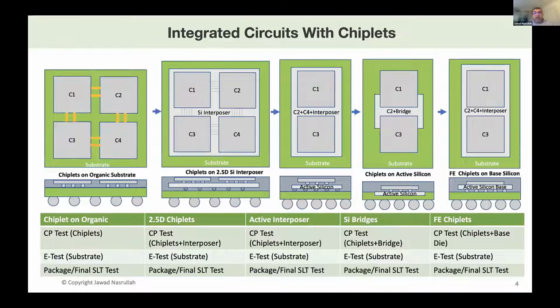One thing I did here is I listed out the classes of tests that would be needed for successful production of these systems. You will notice we need pretty much everything, all the way to final SLT, and we even need to think about quality and reliability.